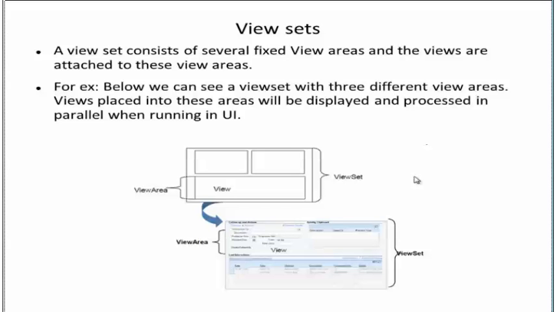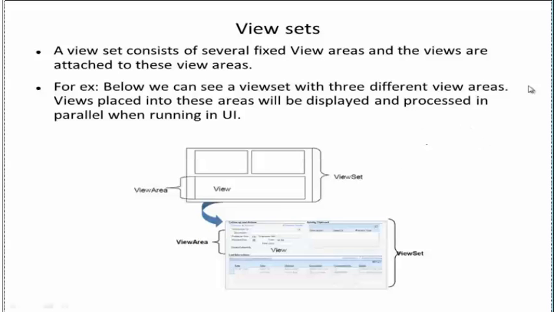So for example, for defining the below view area here, we would say that the starting row is 2, the starting column is 1, and the row span is 1 because it is occupying the second row, only one row. Whereas the column span here will be 2 because though it is starting from column 1, it is occupying column 1 and column 2.